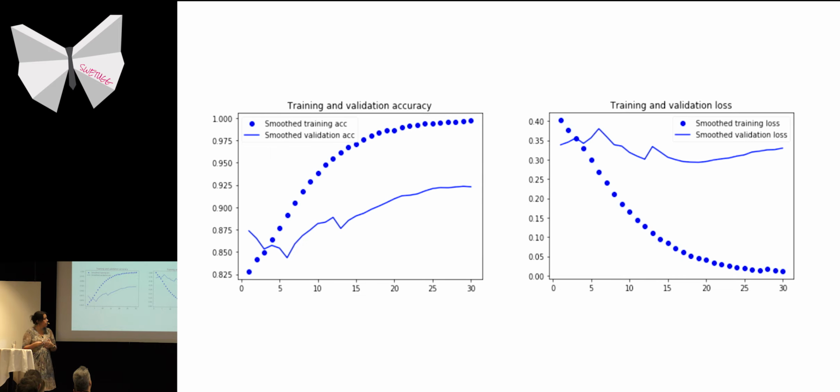But sometimes, and this happens a lot, we have very high accuracy on the training data, so we have 100%, yet on the validation data, we only have 90%. So we have quite a big difference. The reason for this is that we're doing something called overfitting. We're learning something very specific about the training material.